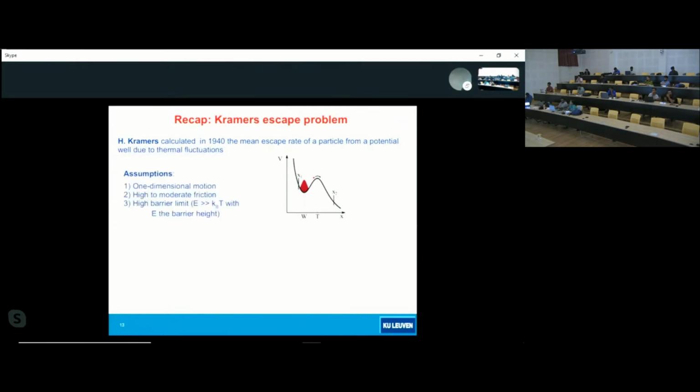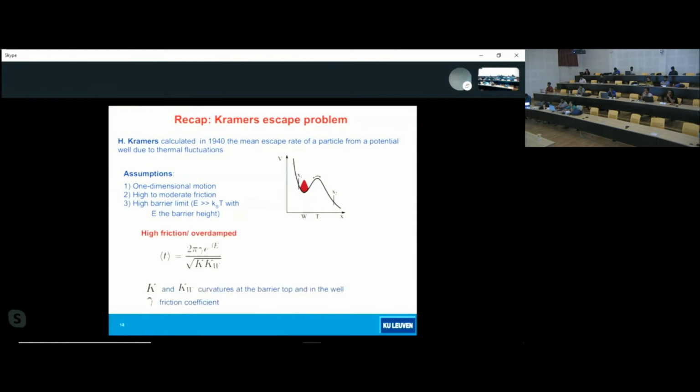Again, there are some assumptions. One-dimensional motion, the friction is high, or people call it moderate friction. And the barrier height, E, the height of the barrier that the particle has to cross from the point W to the point T, is much larger than kBT.